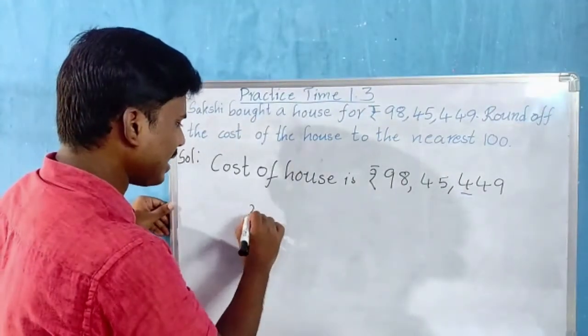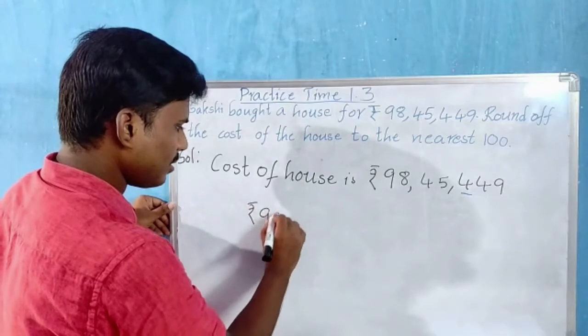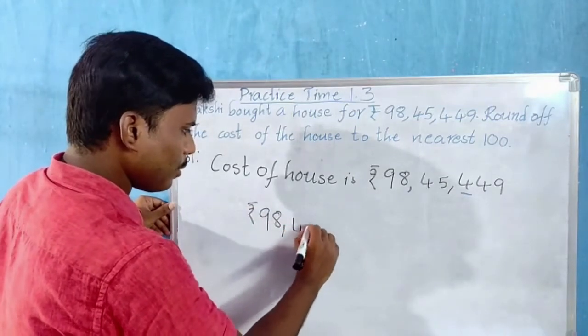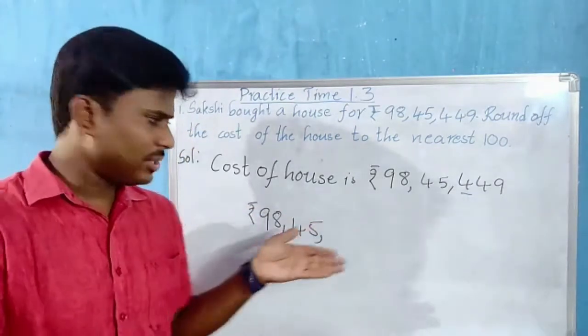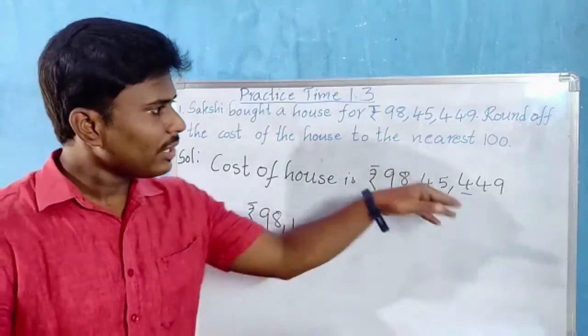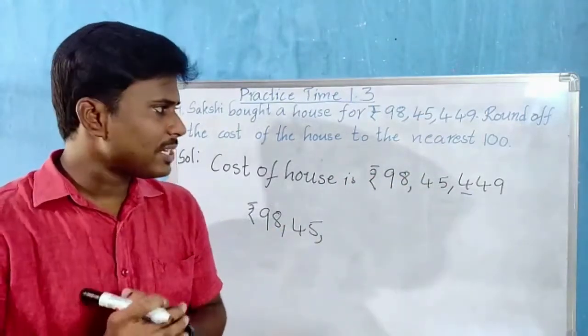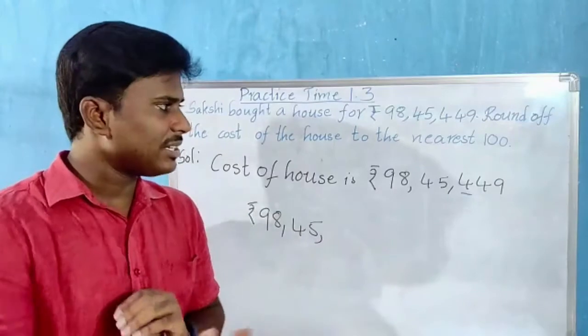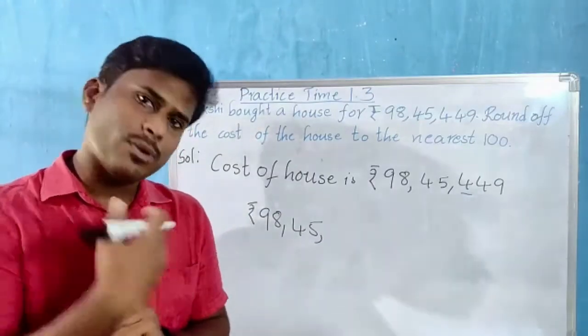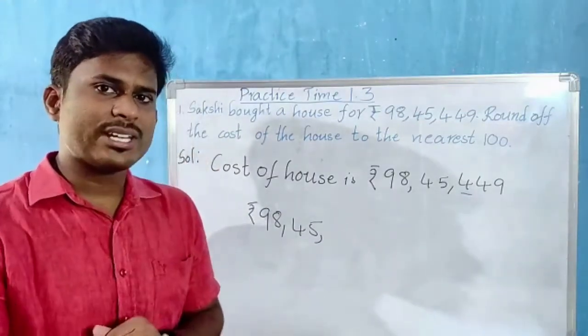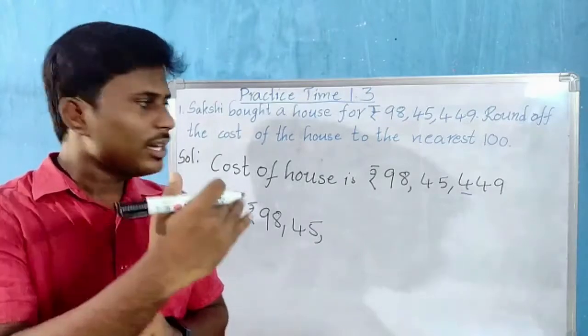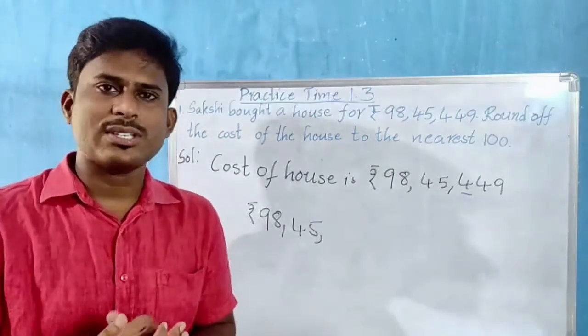So the nearest 100 will be like this. First of all, let us write like this. Rupees 9845. So the left side digits I have written as they are. In the hundreds place we have 4 and in the immediate right side tens place we have digit 4 again. 1 to 4 is a category. So when 1 to 4 is there on the immediate right side, what do we have to do?